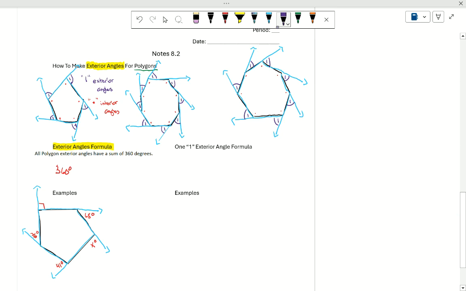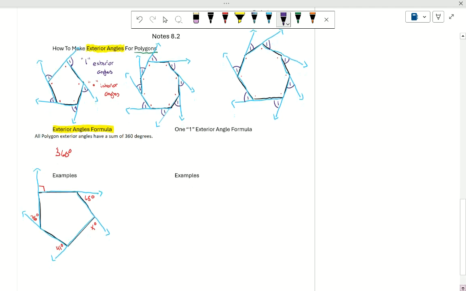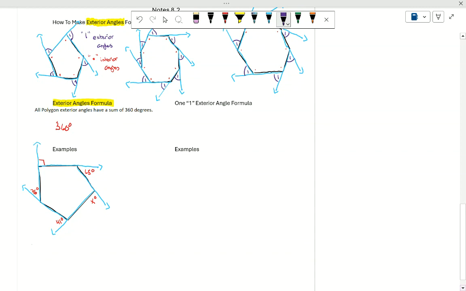Why? Here's why. That means that the angle where the X is, plus the 41 degree angle, plus the 76 degree angle, plus the 90 degree angle, plus the 65-degree angle, all of those angles will add up to 360 degrees.